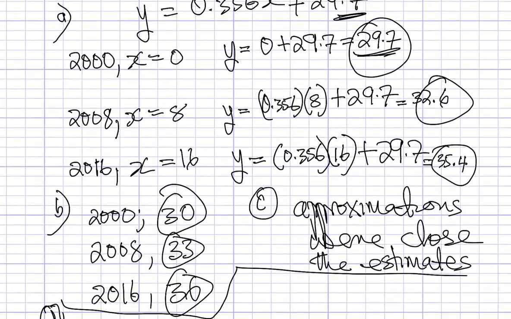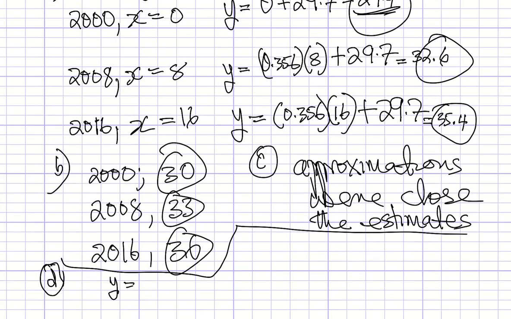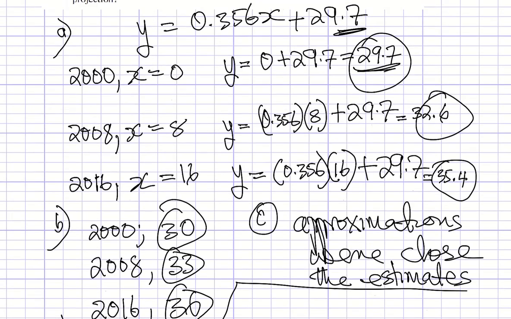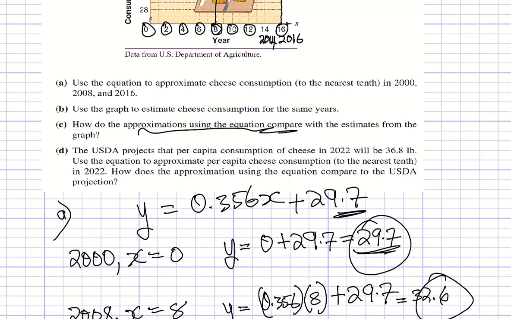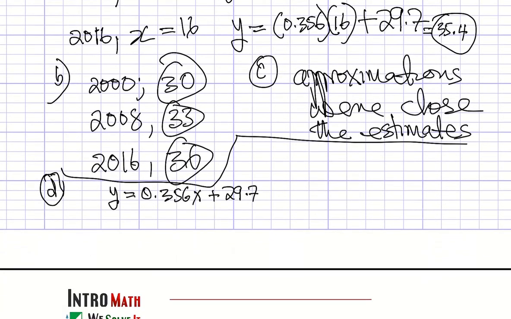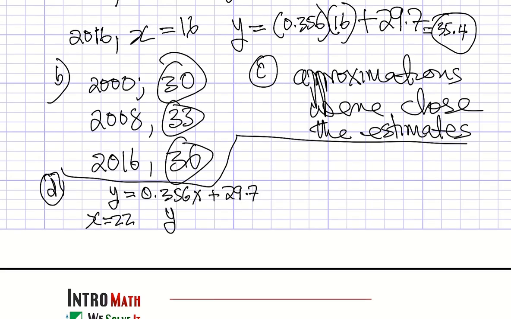Okay. So the equation is y equals 0.356x plus 29.7. So for the year 2022, based on the way they're doing this, we will say x equals 22. You understand? x equals 22. Then that will give us y equals 0.356 times 22 plus 29.7.